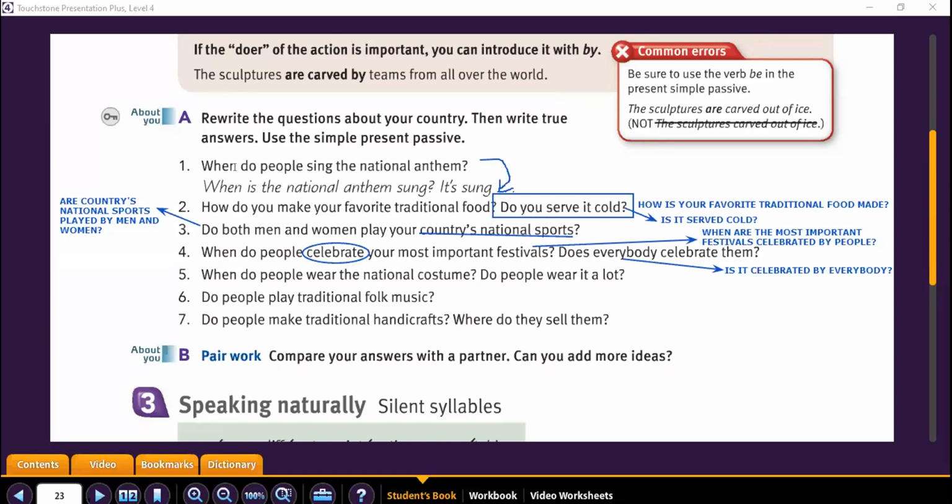Vamos a ver la número 5. Let's do number 5, guys. Vamos a la número 5. When do people wear the national costume? ¿Cómo nos quedaría?